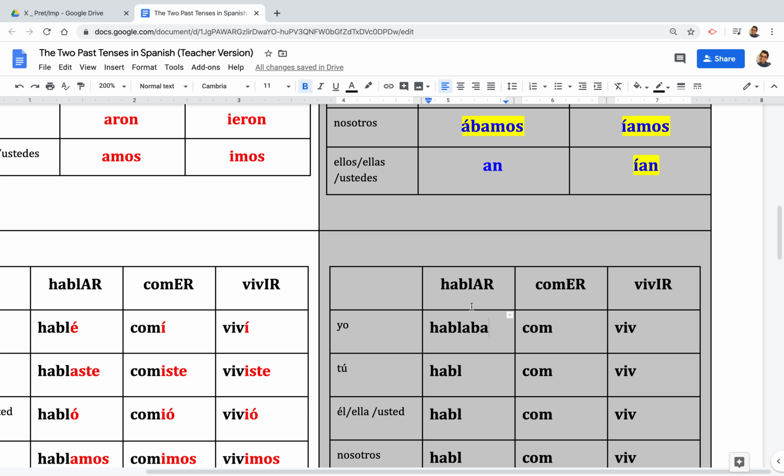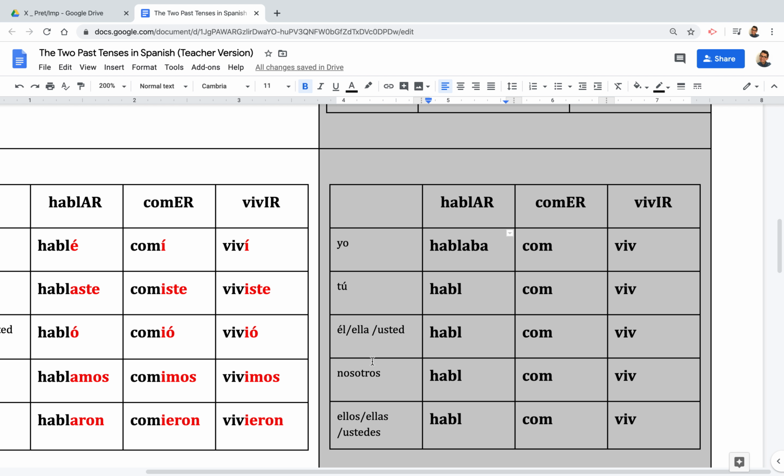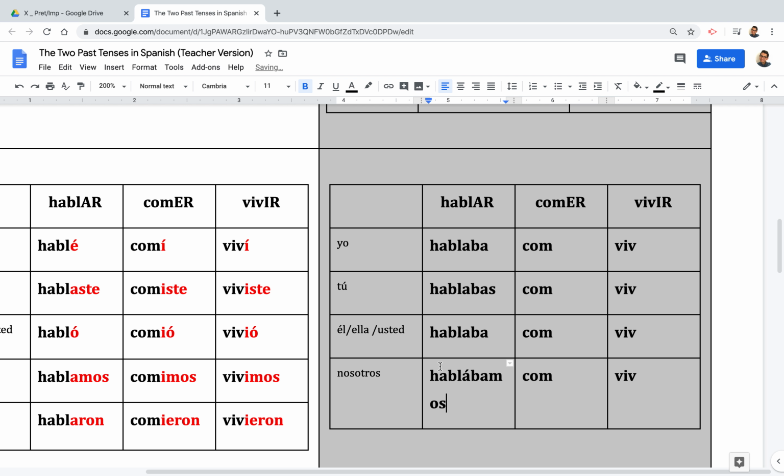Now, I'm going to do this process with all the other persons. And I am going to get tú hablabas. Él, ella, usted hablaba. Nosotros hablábamos with an accent mark.